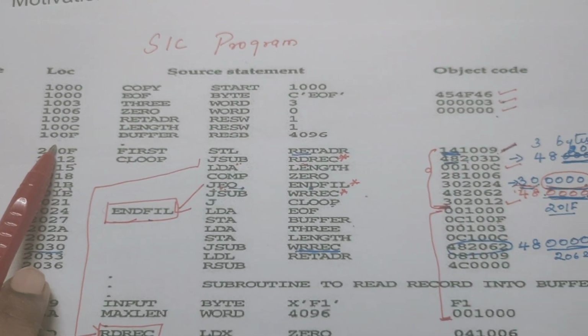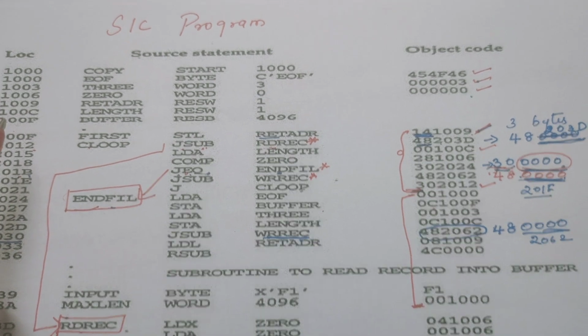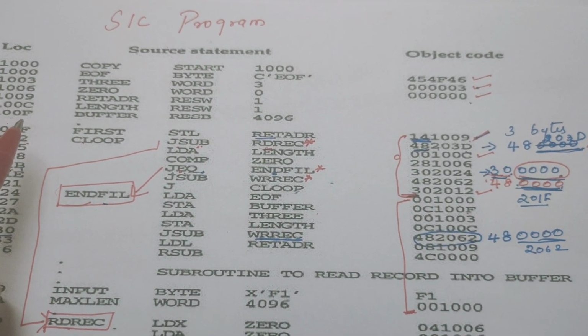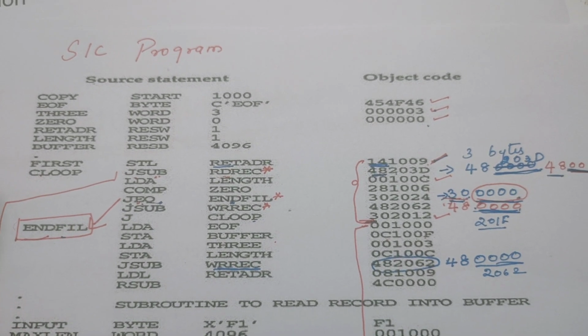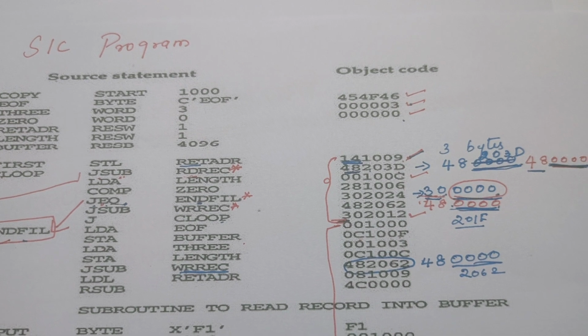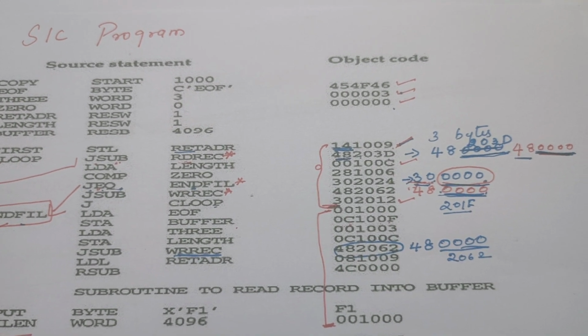So what do you understand from this? In a SIC program, most of the object codes contain an address as a part of them. So when the SIC program is relocated, every object code has to be modified.